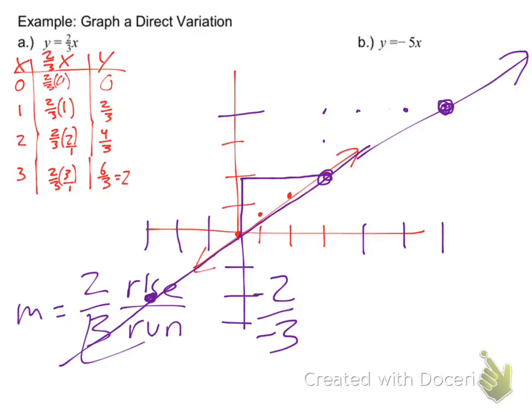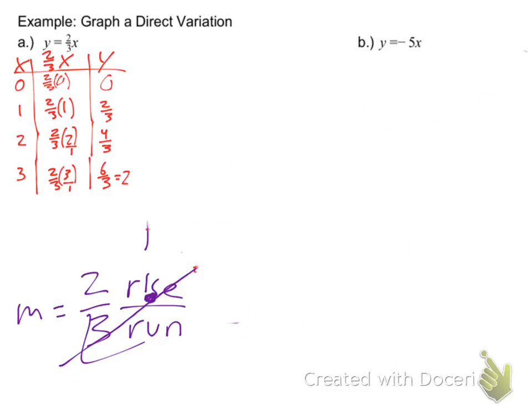I'll let you guys try to figure that out. So, I ended before the break saying we don't want just negative 5, we want negative 5 over 1. So maybe write that m equals negative 5 over 1, because that is my rise over run.